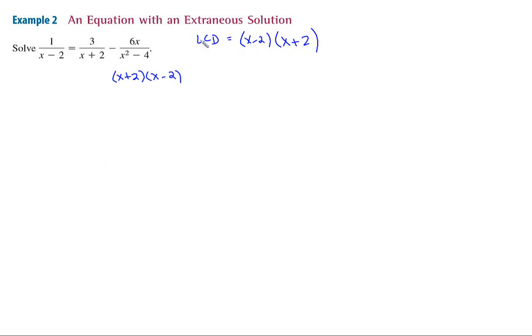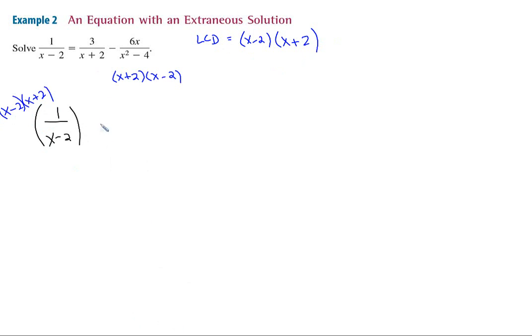Now, what you're going to do next is, once you find the LCD, you multiply all these terms by whatever the LCD is. That's what you do when you're solving. So since we've got 1 over x minus 2, you're going to multiply that by whatever the LCD is. In this case, it'll be x minus 2, x plus 2.